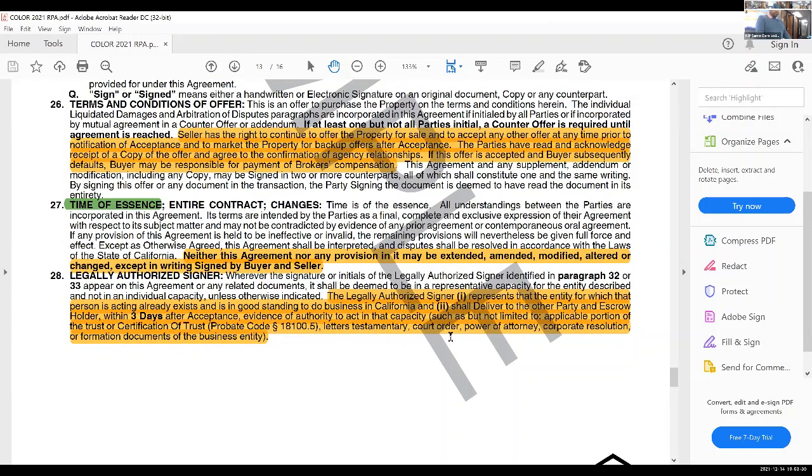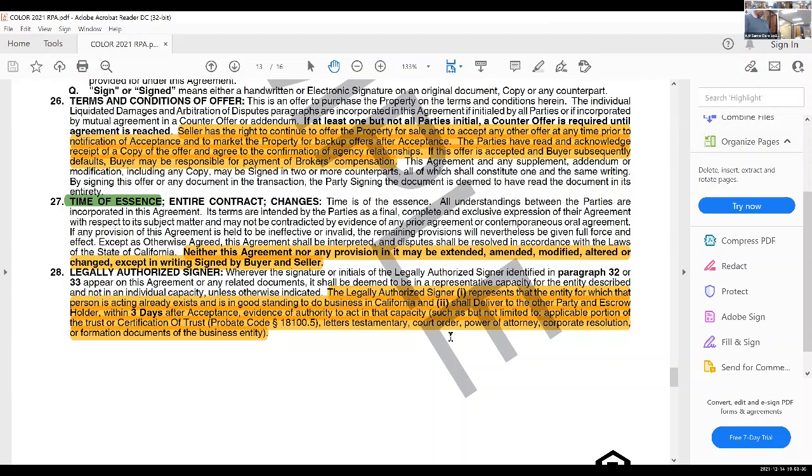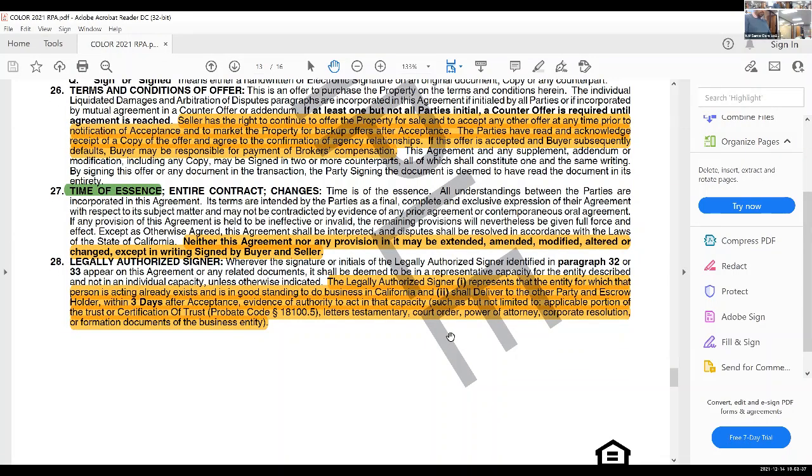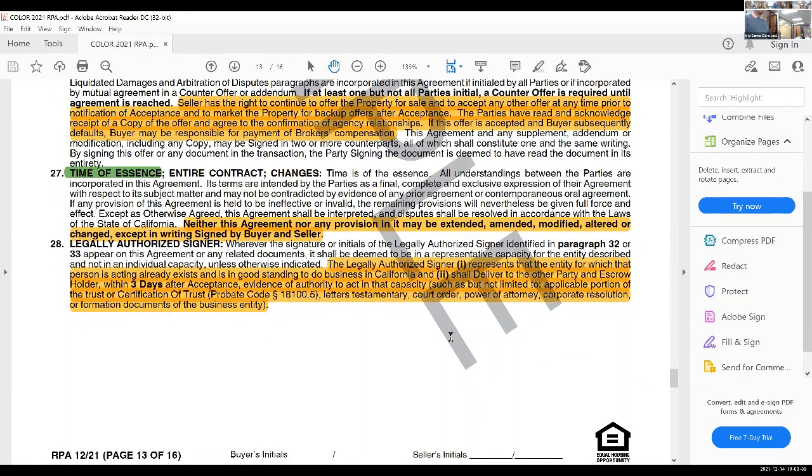So, like the situation we had this year where Kenny's client woke up the next morning and said, I don't want to buy this house. Oh, no, I'm sorry. He put the 3% in already, and then changed his mind like an hour or two later.